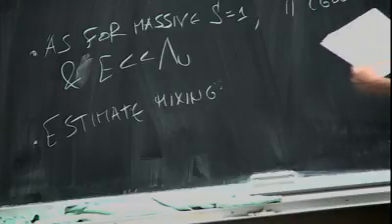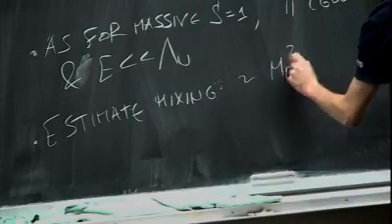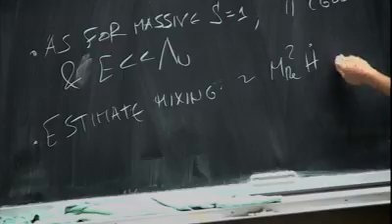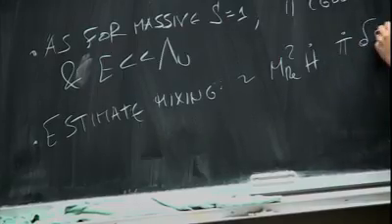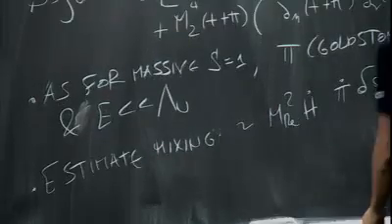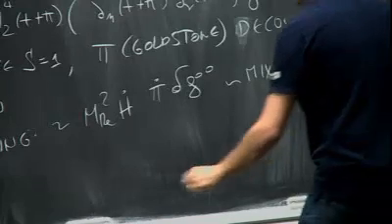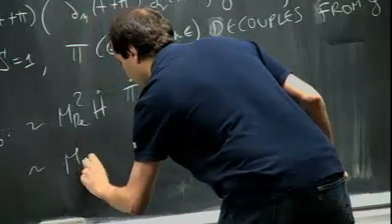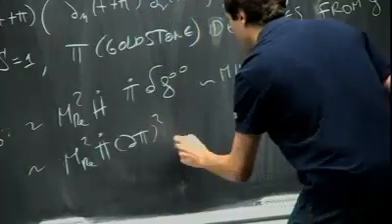For example, there is a term that goes like M_Pl² Ḣ, which was the G00 tadpole, times ∂_μ π times δG00. So this is the mixing. And there is also a kinetic term, M_Pl² Ḣ (∂π)², and this is the kinetic term.